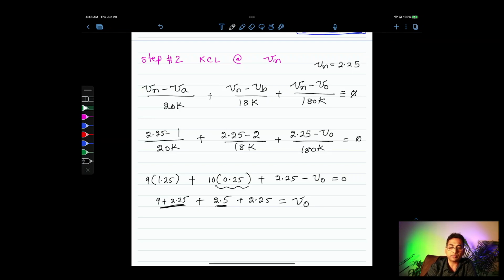Sum them up: 2.5 and these two terms add up to 4.5, so 4.5 and 2.5 is 7, and 7 plus 9 is 16.